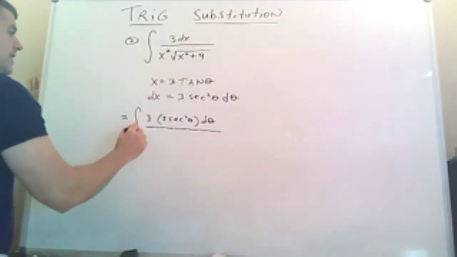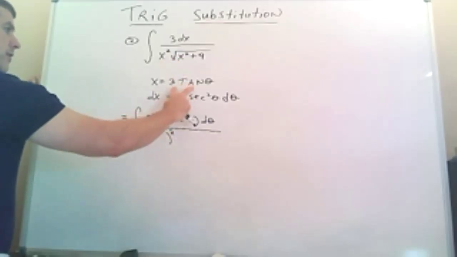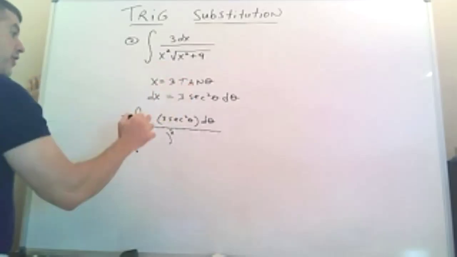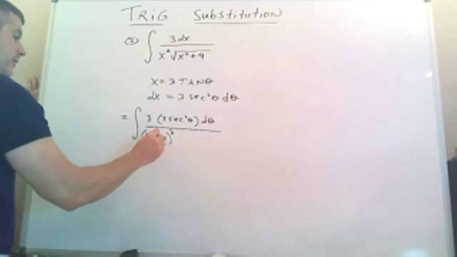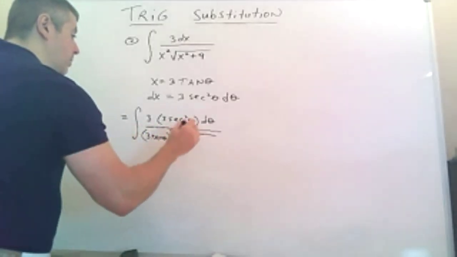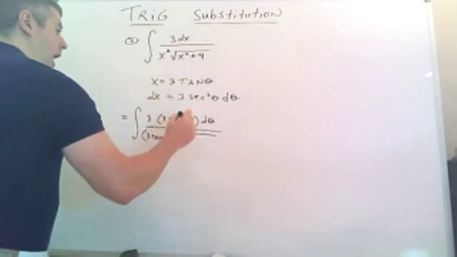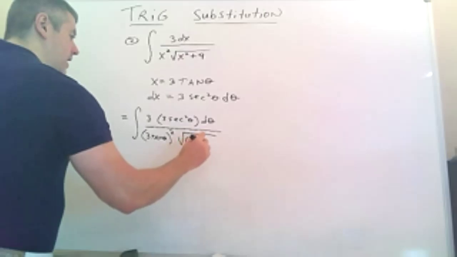So now where x is, over here, I'm going to replace x with 3 tan theta. And yes, I'm very tempted to put t there, but I won't. I'm going to do this properly. And you need to do it properly. Same thing here. I'm going to put 3 tan theta.